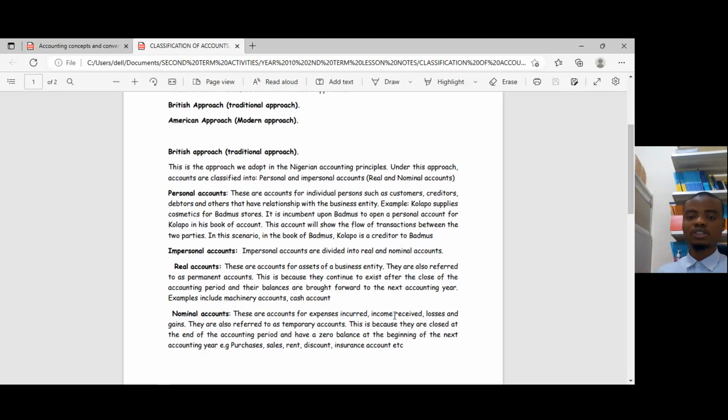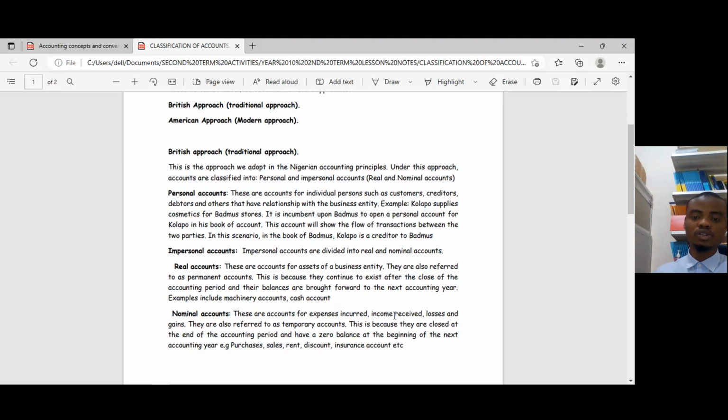A vivid example given here is this. Olapor supplies cosmetics for Badmos stores. It's important for Badmos to open a personal account for Olapor in his own book of accounts. In that way, any transaction that occurs between him and Olapor, we know that he has already opened an account in his record. So the account will show the flow of transactions between the two of them.